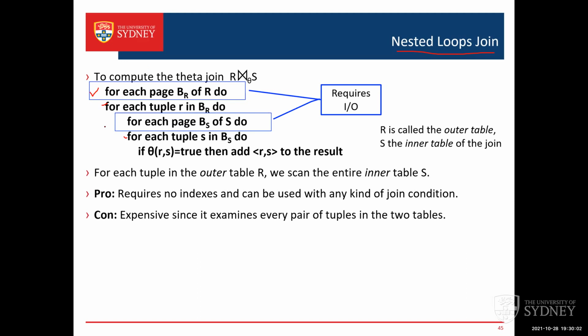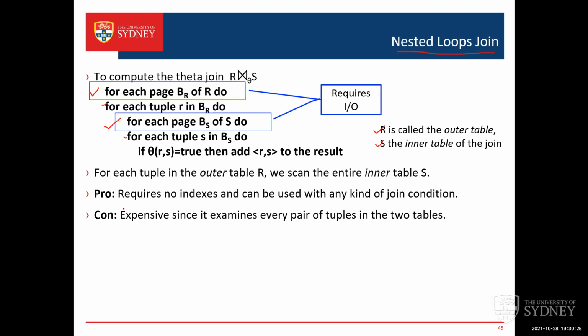Because the pages are stored in secondary memory, we need to take them into main memory. That's where the input output cost comes from. Here, we first used table R, so R is known as the outer table. S, which is inside the loop, is known as the inner table.